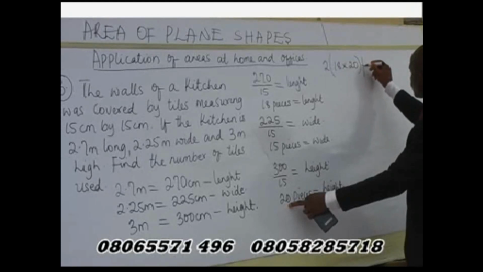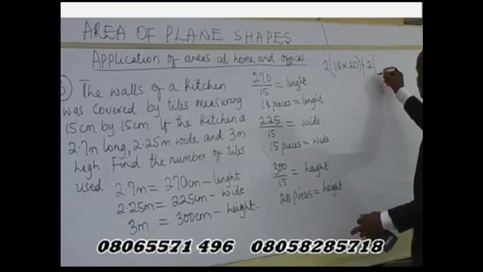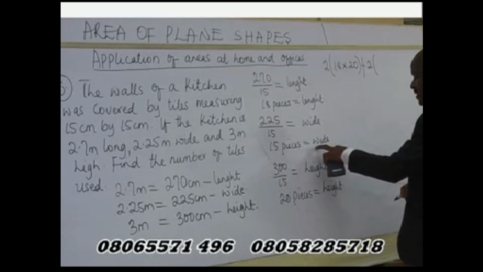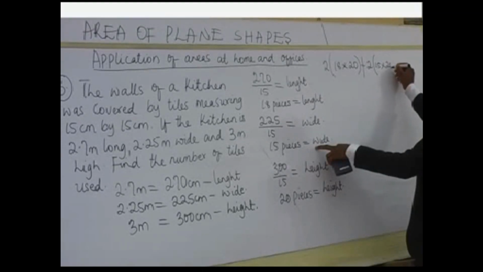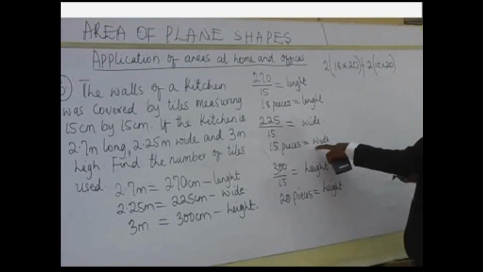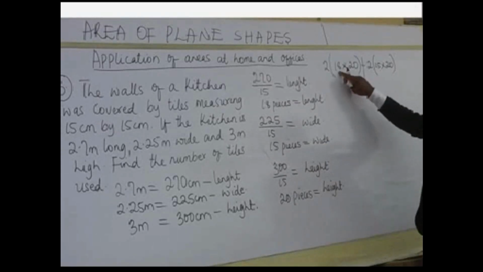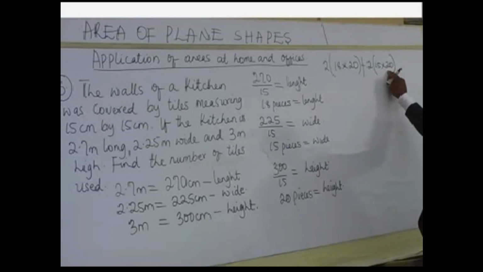Then plus 2 again times the number of pieces needed for the width or the wideness, which is 15, times the number of pieces needed for the height. Because in the length there is the height, in the width there is also the height.